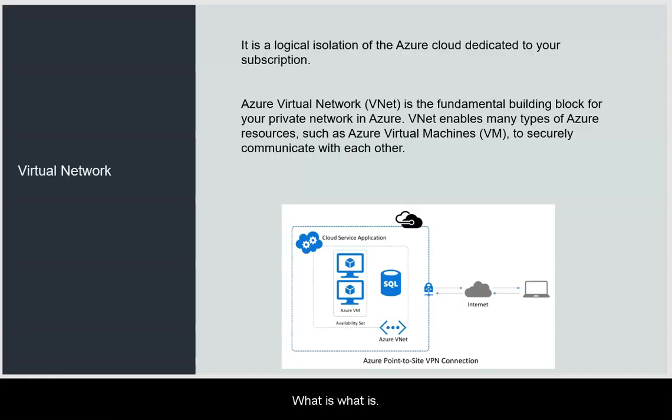Now, what is Azure networking? Before starting with the virtual network, networking is a communication channel. When a group of resources wants to communicate with each other, there should be some communication bridge, and that bridge, where one resource talks to another resource, is called the network.